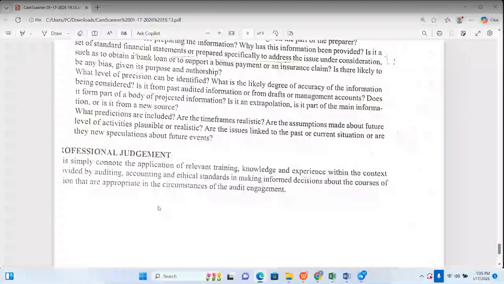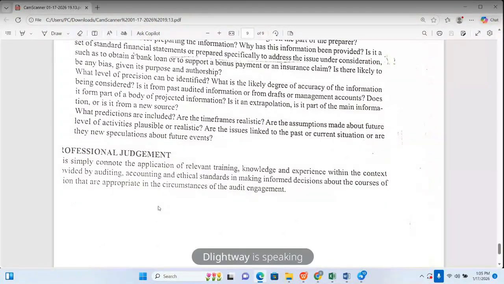So what I'm going to do now is that I will send, okay, this is what you're going to do: the case study question for November 2024.